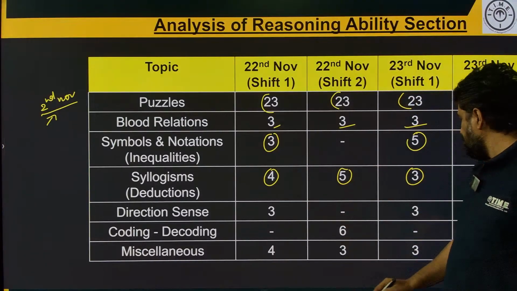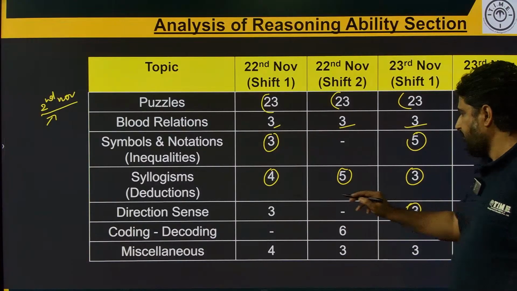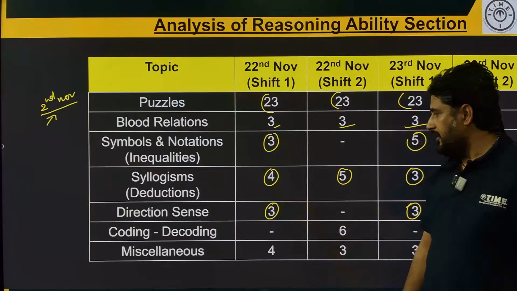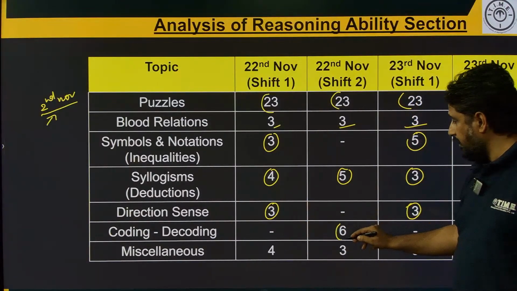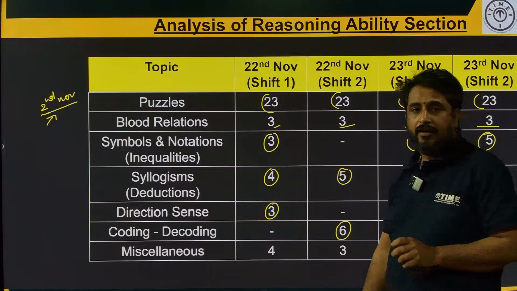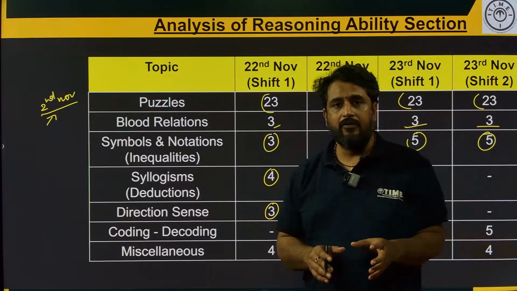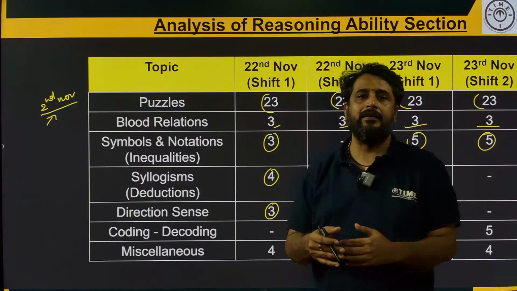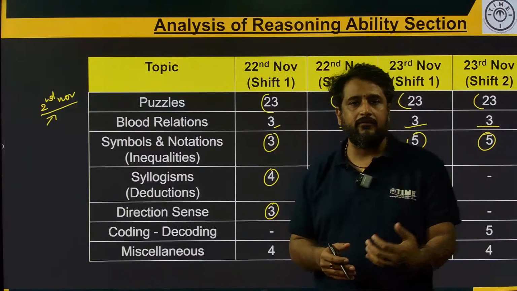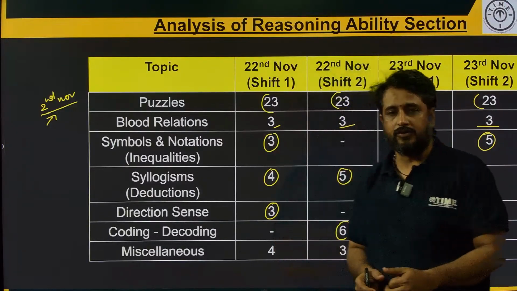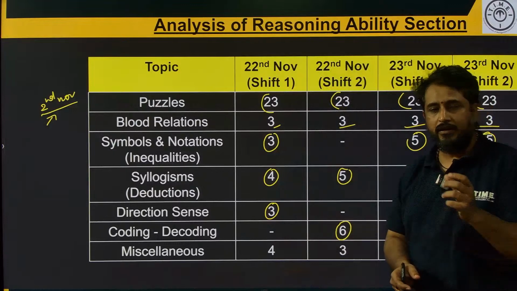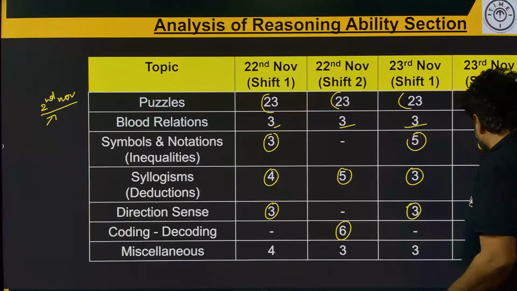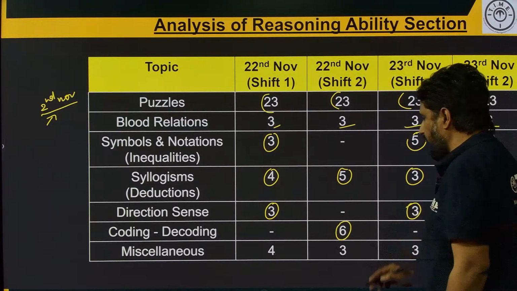Direction sense also appeared in 2 slots with an equal weightage of 3 questions. In one slot they gave 6 coding decoding questions: a 5-question set of Chinese coding and decoding, and one miscellaneous question that was also coding decoding. Normally a set consists of only 5 questions. In one more slot it is given as 5 questions.